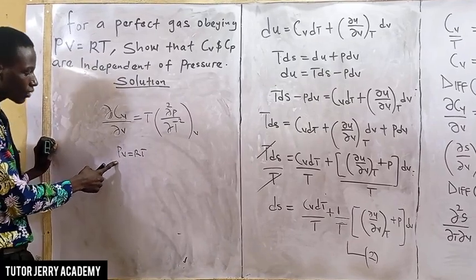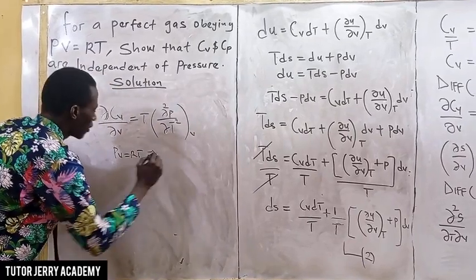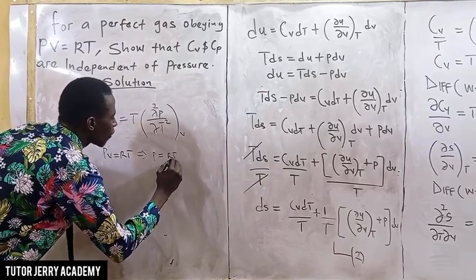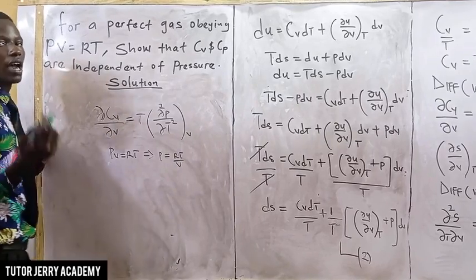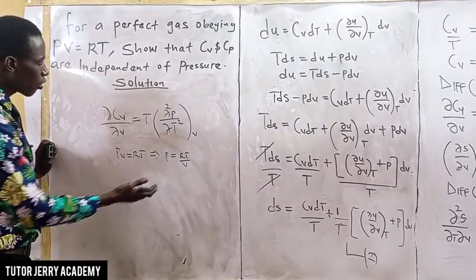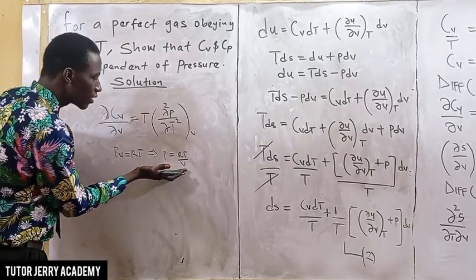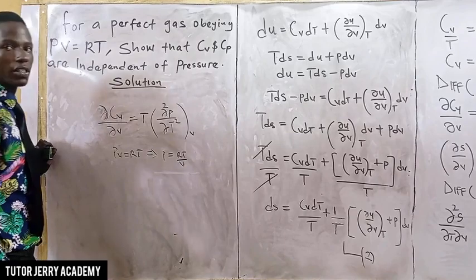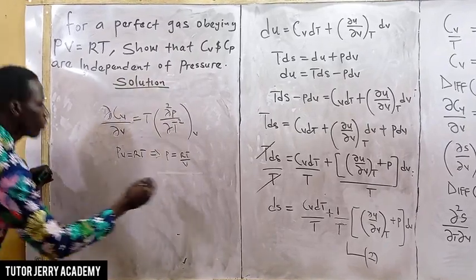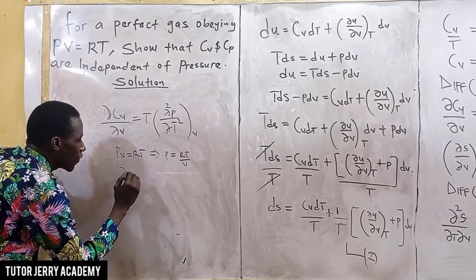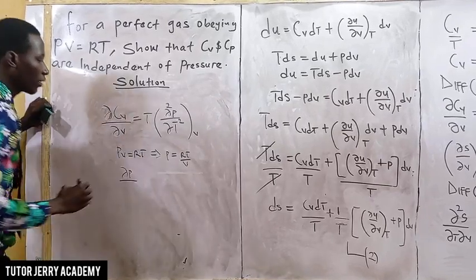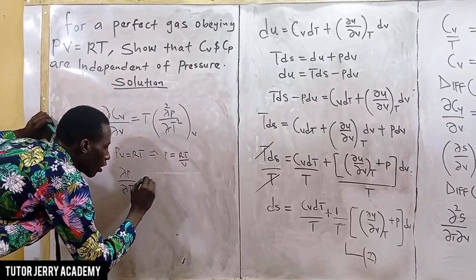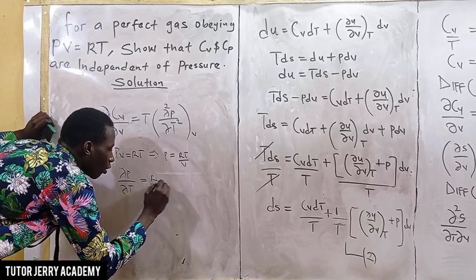If we do that, it implies that P is equal to RT over V. So we can differentiate this equation with respect to t. We are going to have the partial derivative of p over the partial derivative of t equal to R over V.